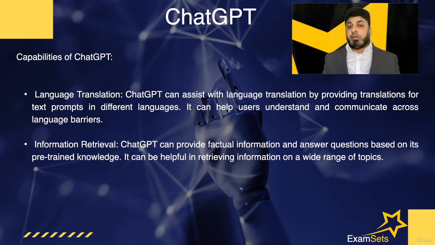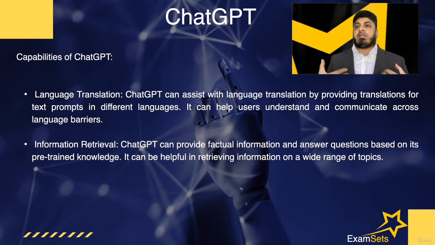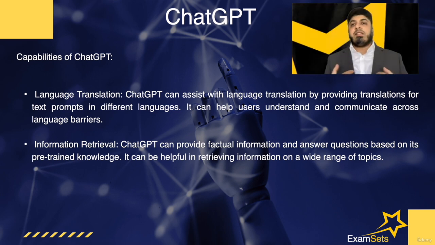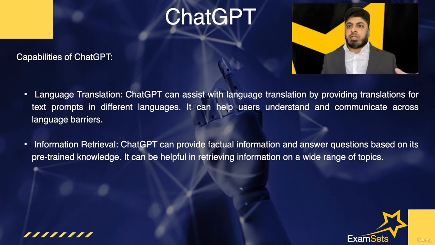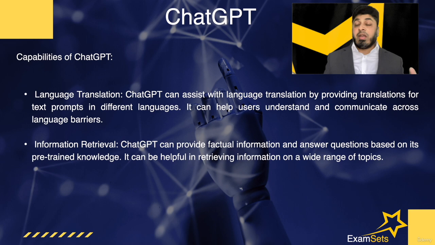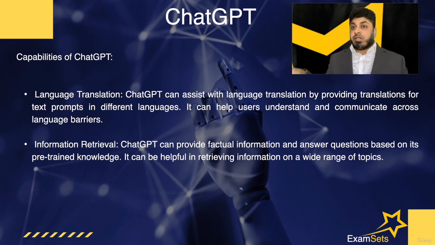So it can be helpful in retrieving information on a wide range of topics, because still I'm a machine, a biological machine. I take inputs. Let's say I go to India. India has different cultures. Different states and different cities have different cultures. So when I go and stay there, I understand about different cultures.